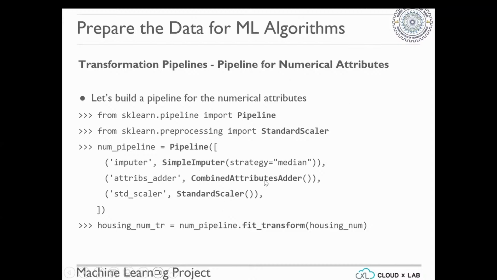So any doubt in this code? And yes, here we are using the fit_transform function. Using one method, we can do fit and transform simultaneously, right? Or you can first call the fit function and then call the transform function, or directly call fit_transform, right?